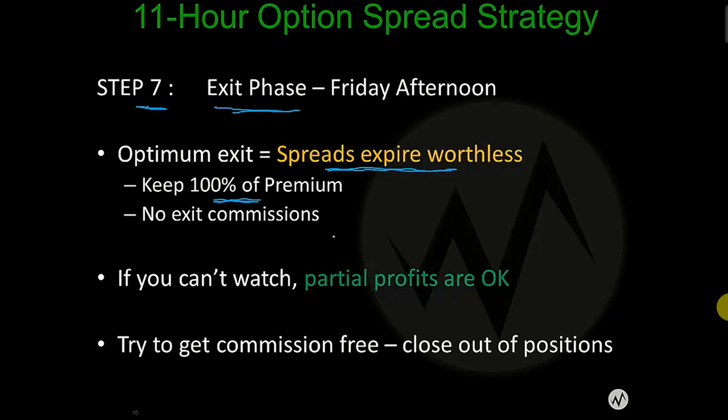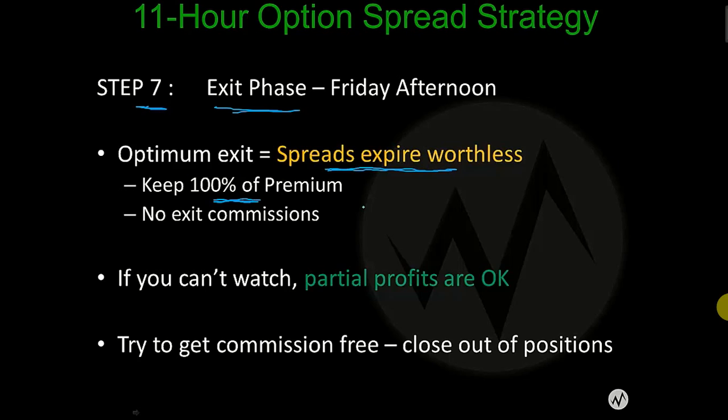So you just watch the market and make sure it doesn't go any crazy distance. If you're sitting there at 60-70% max profit, it would make a good trader's choice to move your stop to break even or lock in some of that premium, lock in some of that profit.